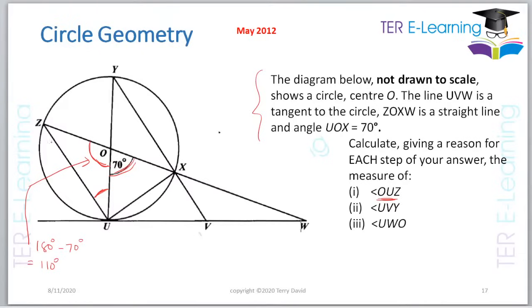So if that angle is 110, again you have an isosceles triangle here. This length and this length are the same. So if that's 110, it means that angle OUZ is simply equal to 180 degrees minus 110, and you have to divide it by 2 because this angle here and this angle here are the same. So 180 minus 110 will give me 70, and 70 divided by 2 is going to give me 35 degrees.